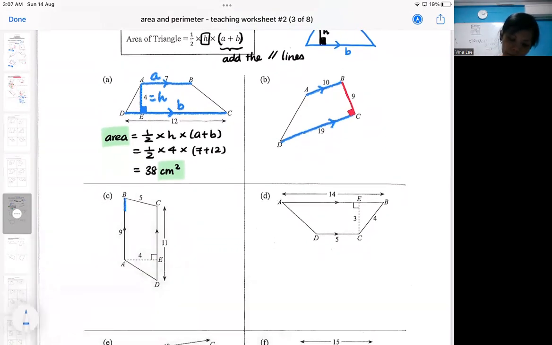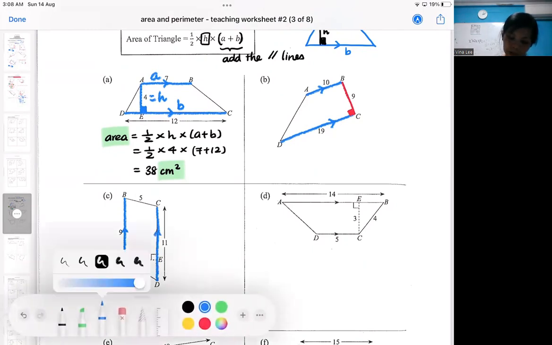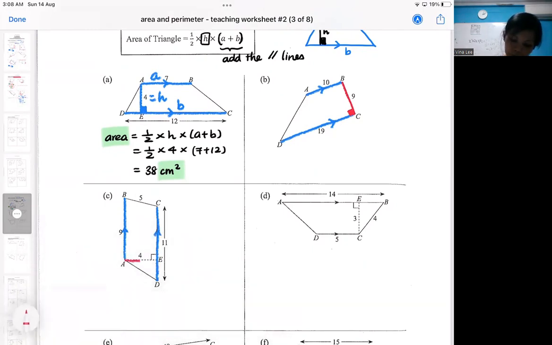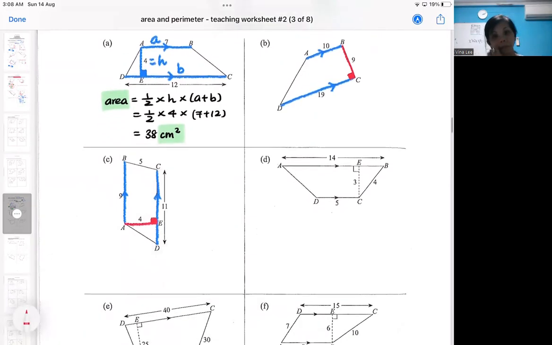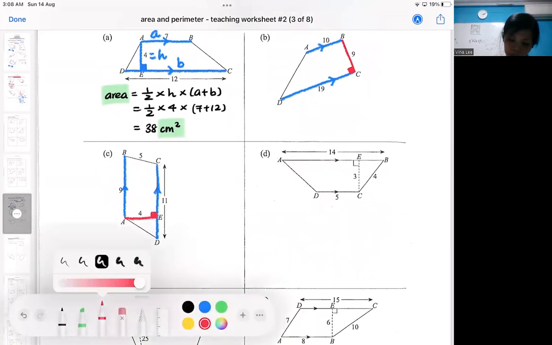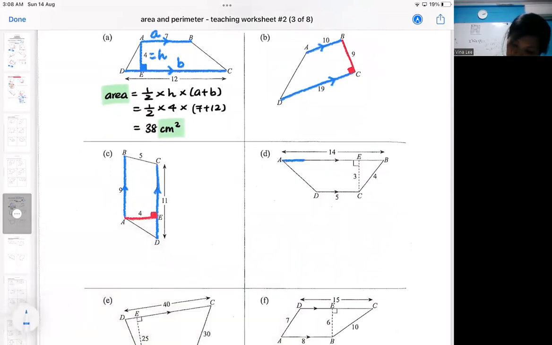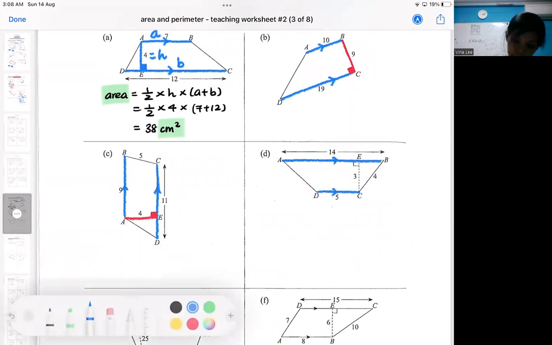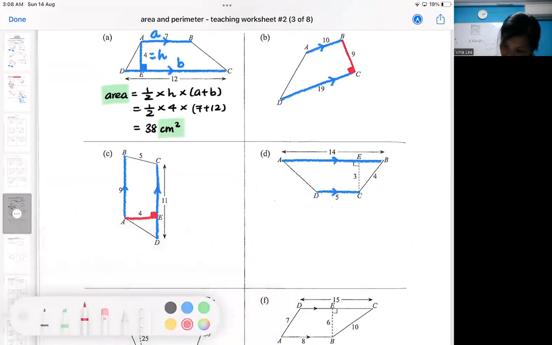We always look for the parallel lines first before you look for the height, because the height is actually in between the two parallel lines. So you must always look for the parallel lines first. Then you look for the height.